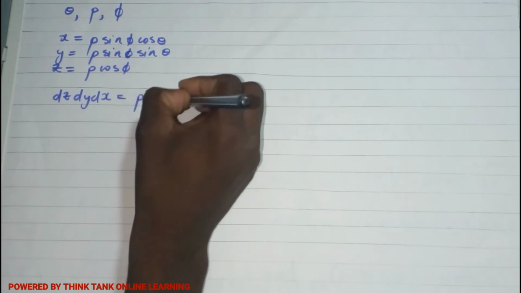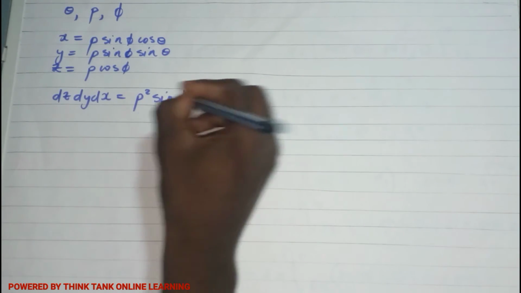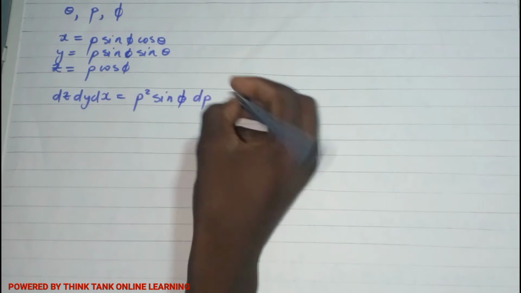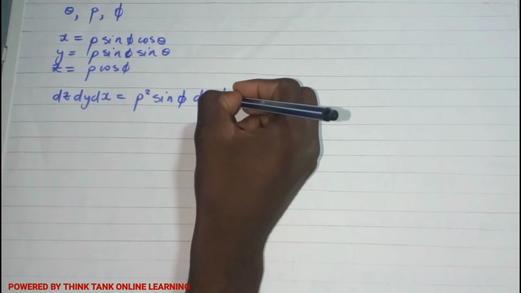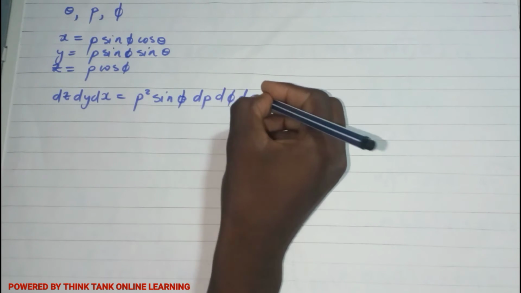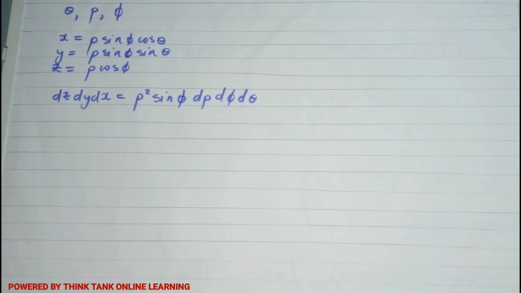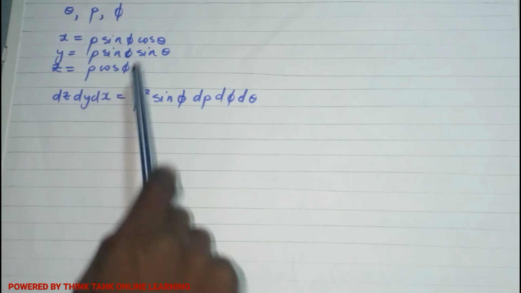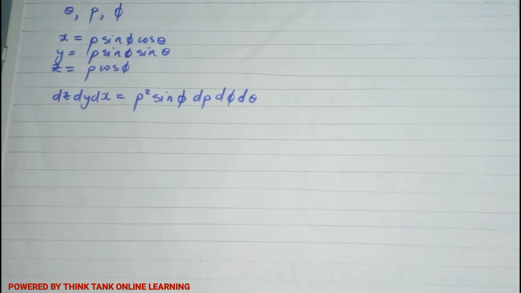Then, since we're in volumes, instead of writing dz dy dx, we now write rho squared sine phi, then d rho for the radius, and d phi and d theta for the angles. We'll see the differences between phi and theta when we solve some problems.